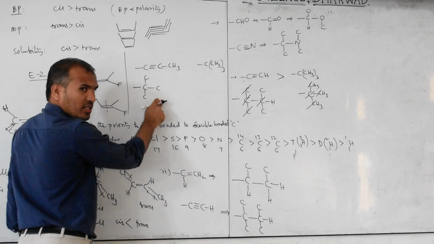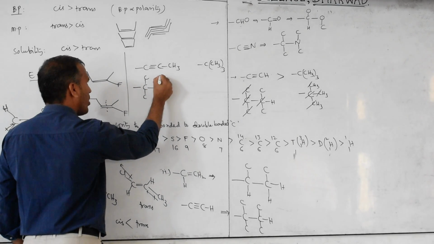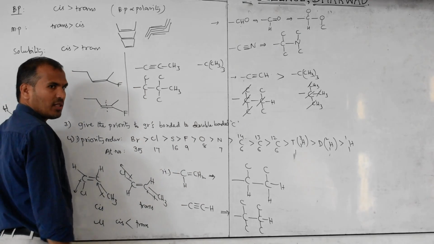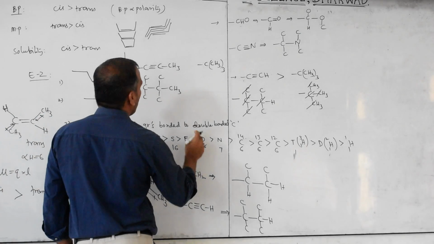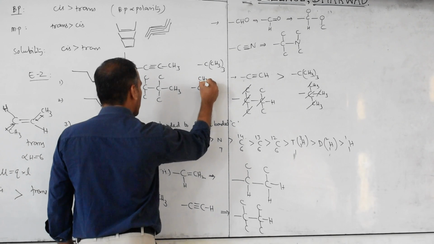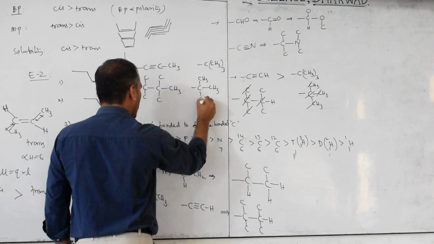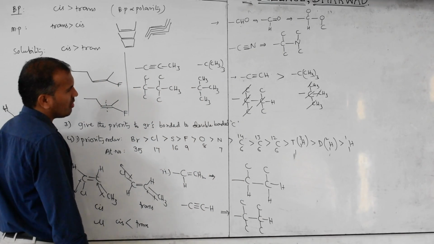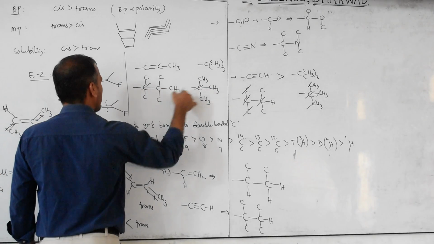Then this third carbon is bonded to 1, 2, 3. Clear this is? Then this will be CH3, CH3, CH3. Correct? Carbon, carbon same.